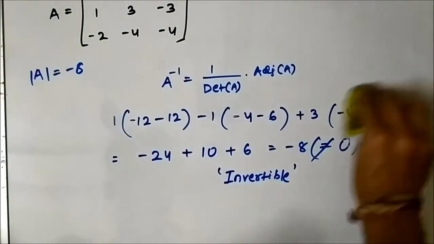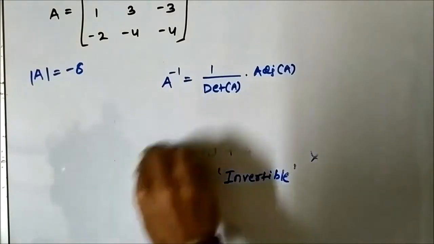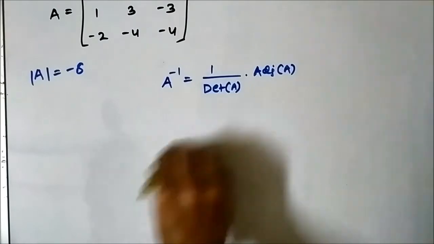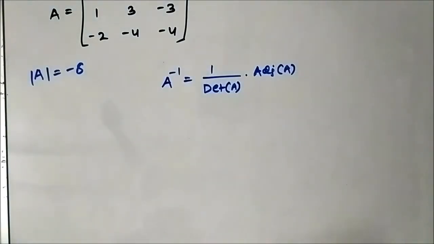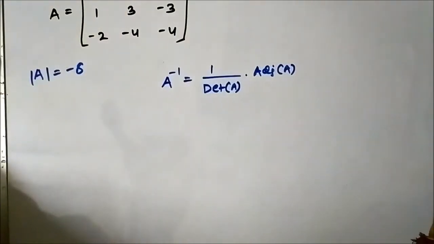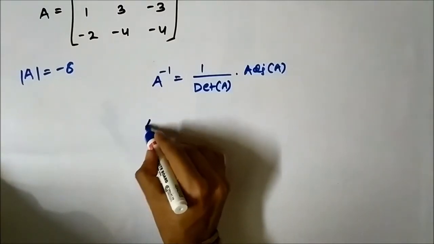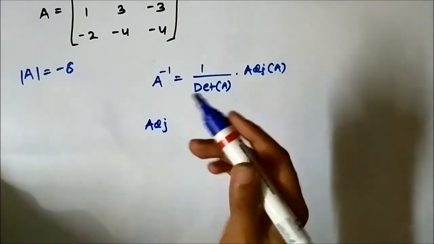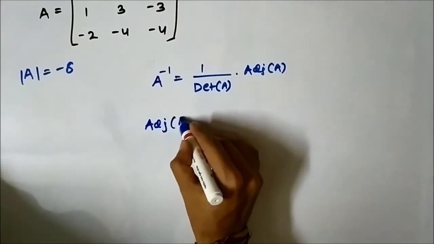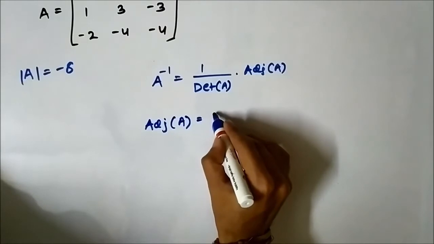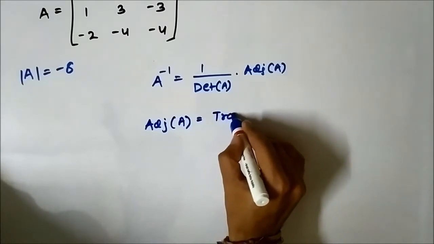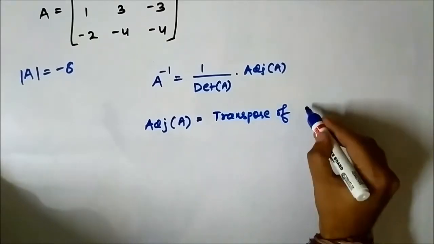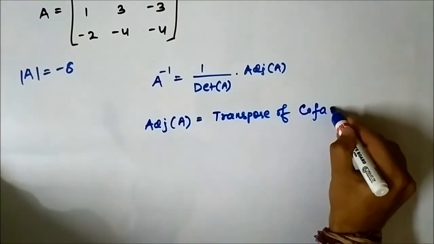Now, adjoint, as I have discussed in the basic concept of inverse video and also in the adjoint related videos, the adjoint of a matrix is the transpose of the cofactor matrix.